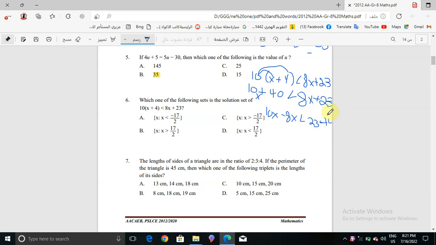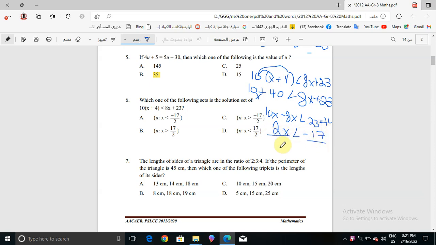Okay, then what we will do here, we will subtract, that means 10x minus 8x, here it will be 2x less than 23 minus 40, and 23 minus 40 will be negative 17.